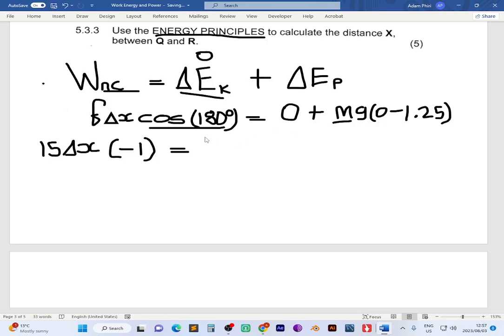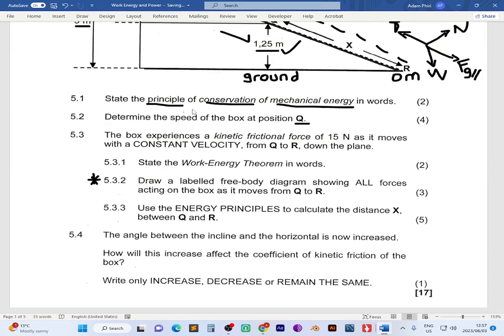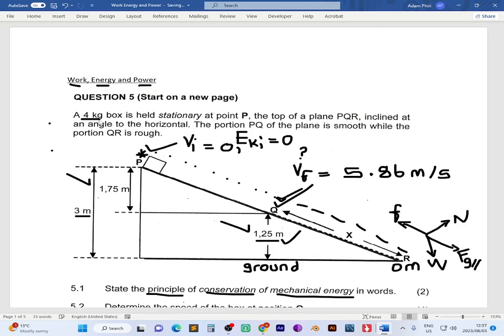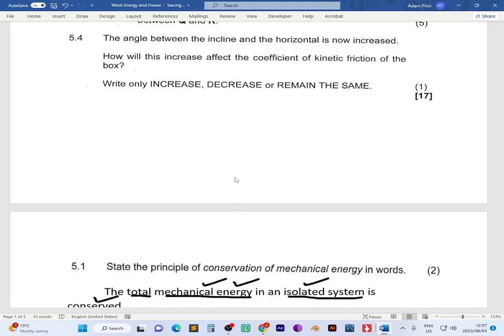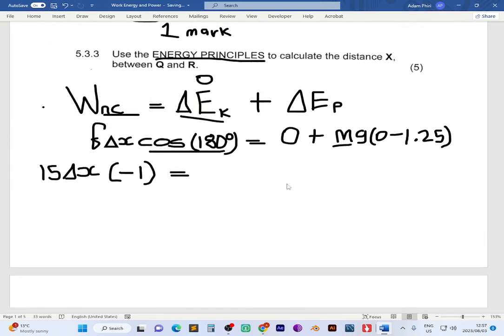We check the mass, it is 4 kg. So our mass is 4 kg, and then we put the g value, 9.8, the gravitational acceleration, and then we have -1.25, that is the change there.